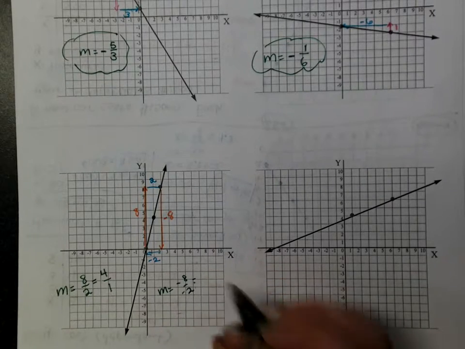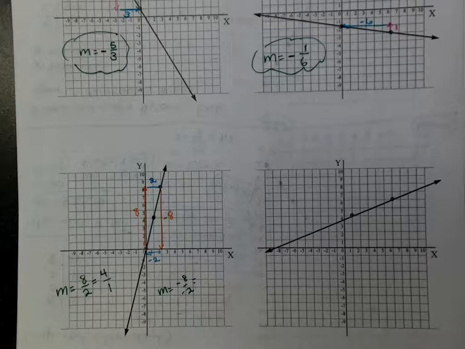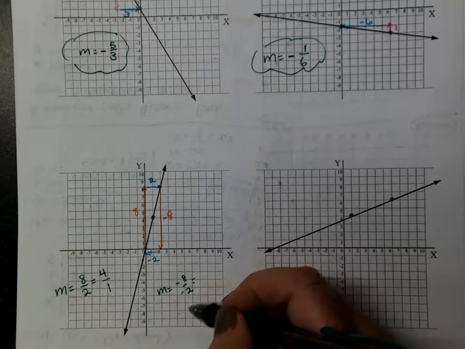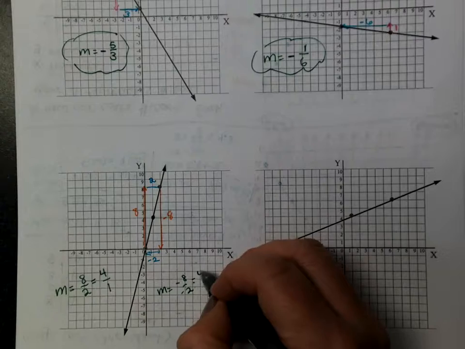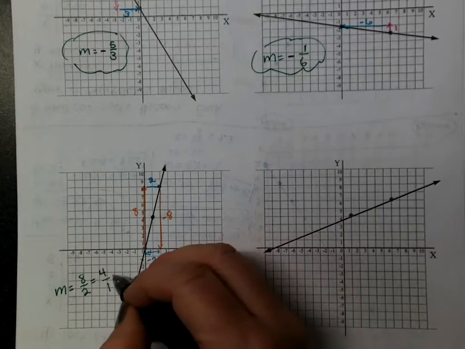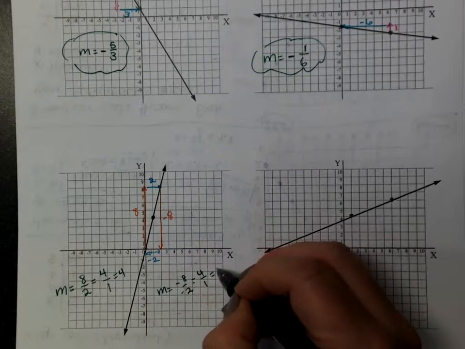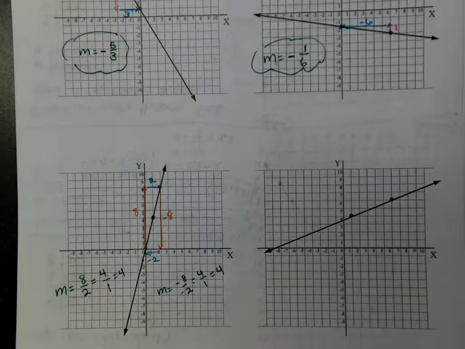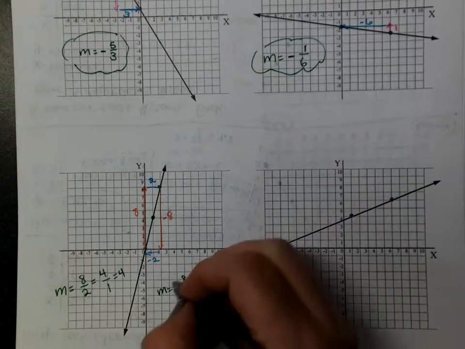Is that still the same? Yeah. 2 negatives are still a positive. That's positive 4 over 1, or, for terms of putting it in your equation, just 4. Okay? So two negatives make a positive.